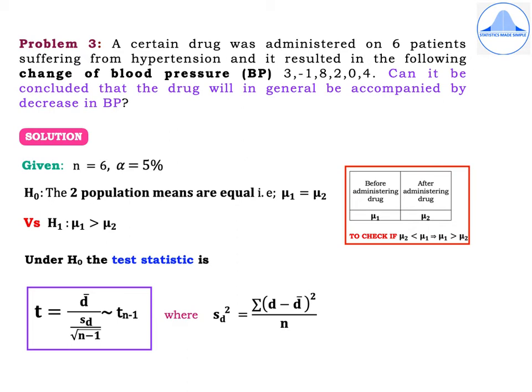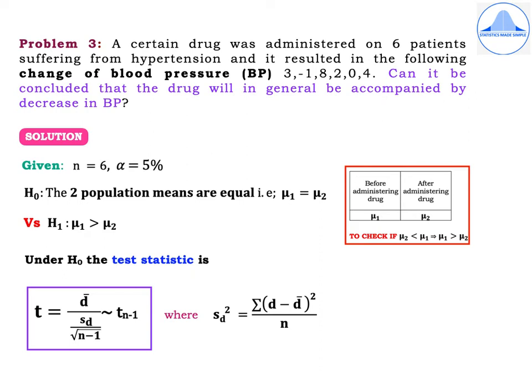So here H naught is the two population means are equal, that is mu1 is equal to mu2. Now in the red box which is highlighted at the right of the slide, before administering the drug, the mean blood pressure is denoted by mu1, and after administering the drug, the mean blood pressure is denoted by mu2. Now, the question asked is to check whether the drug will in general be accompanied by decrease in BP.